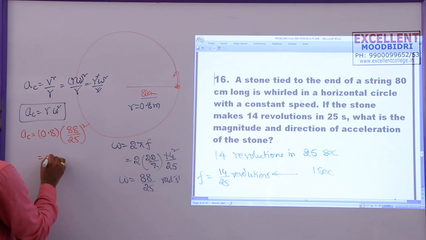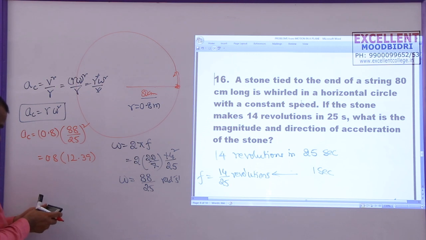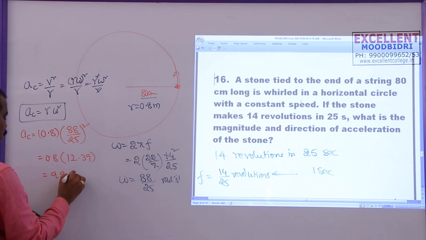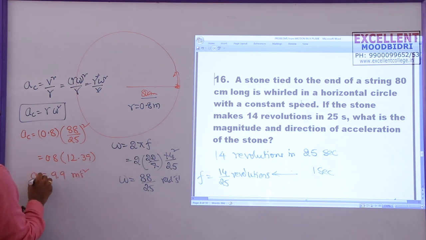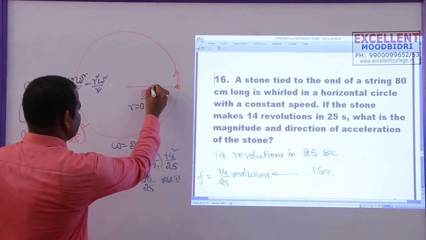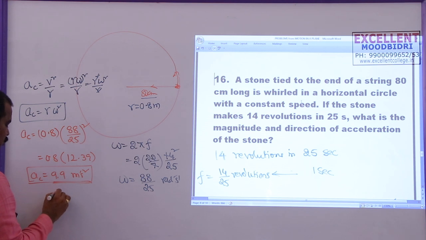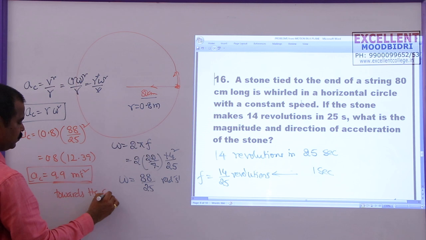So this will be 0.8 into 12.39, which is given by 9.9 meters per second square. This is the centripetal acceleration. So what is the direction of this one? We know that as it is centripetal acceleration, it always acts towards the center. So after finding the magnitude, write down this as towards the center of the circular path.